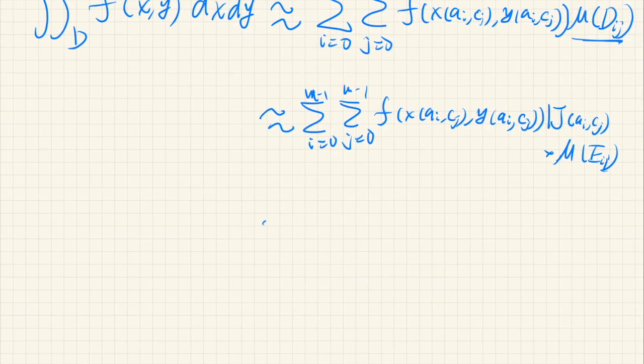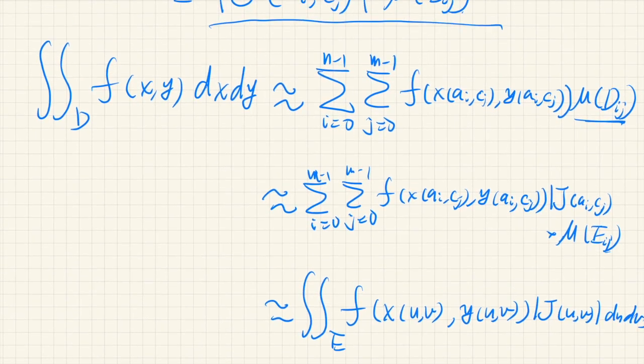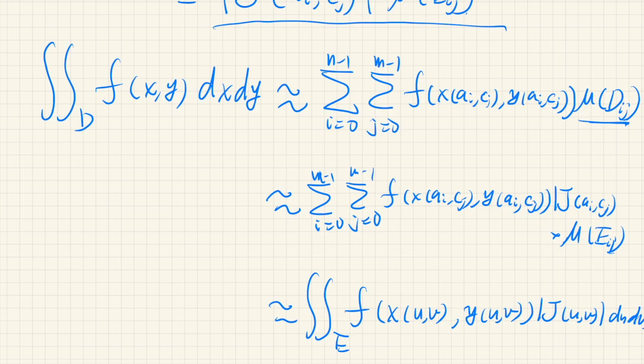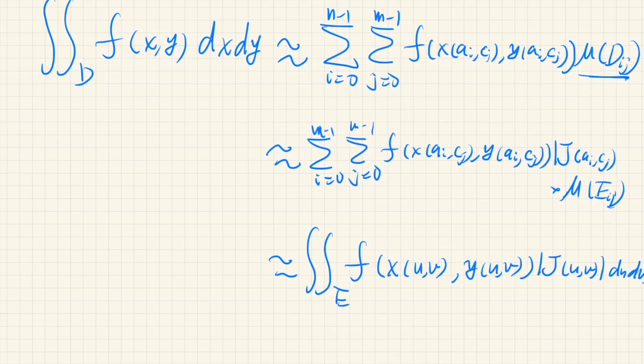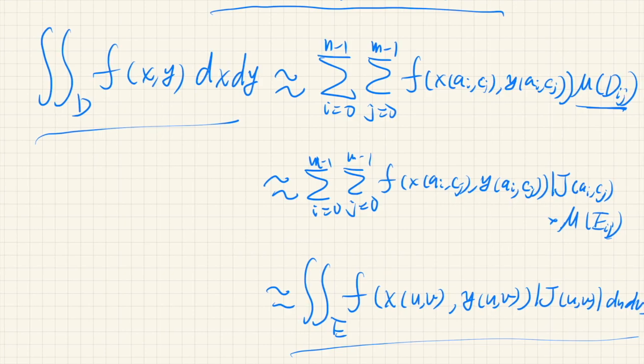But this is the integral of this, Jacobian du dv. So in the limit of infinitely refined partition, this integral and this integral become equal.